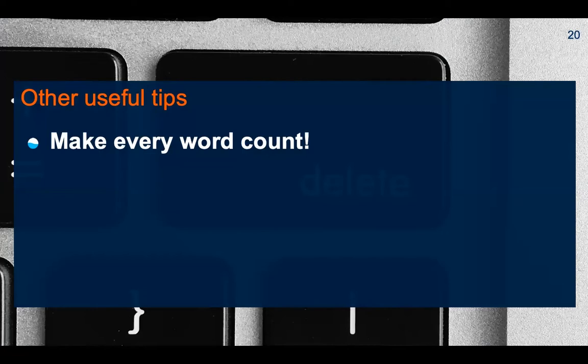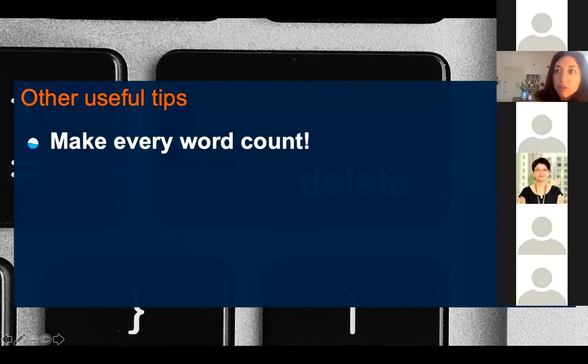So if there are unnecessary words or sentences, indeed, that are not really contributing to your argument, then I would suggest just getting rid of them. Because often you can get a word count down, especially if you're over the word count, just by taking out simple unnecessary words, you can get the word count down quite a lot.